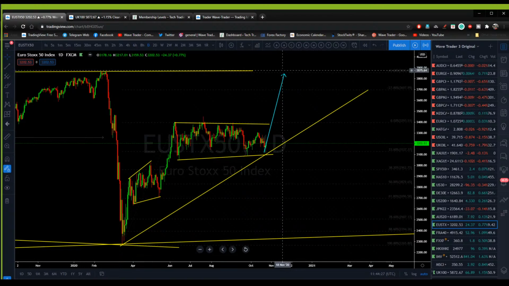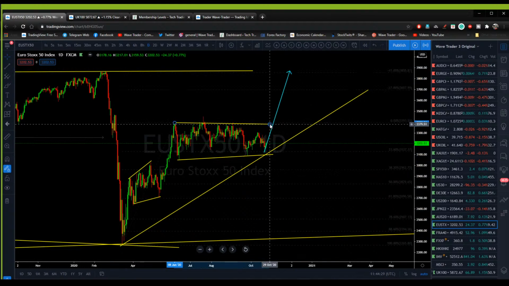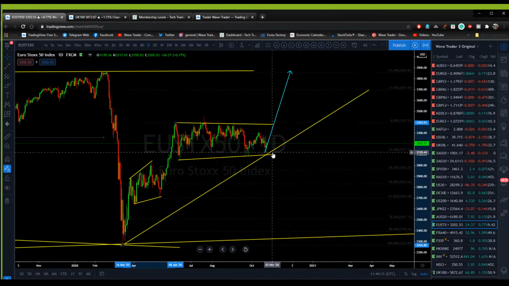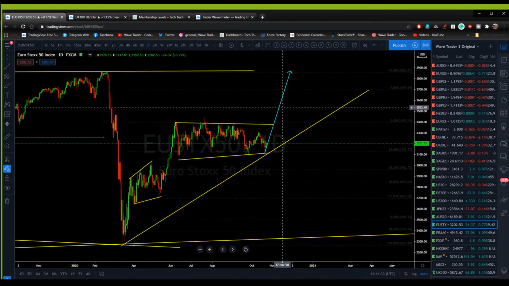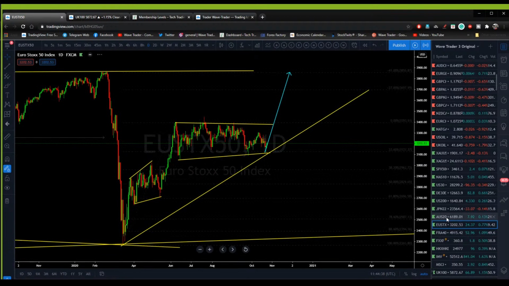By the way, this is what we are looking for next week: hold that low, same as last week, and then the next leg back to that top. Let me look at this chart too.